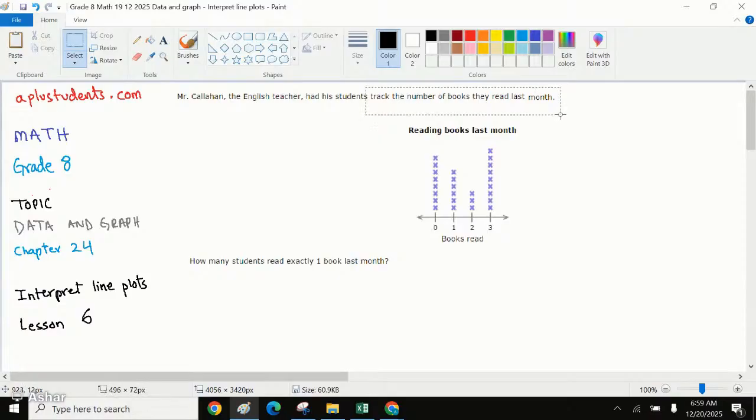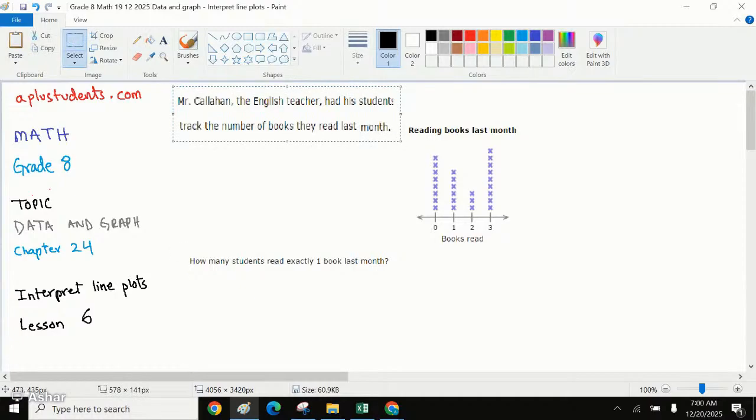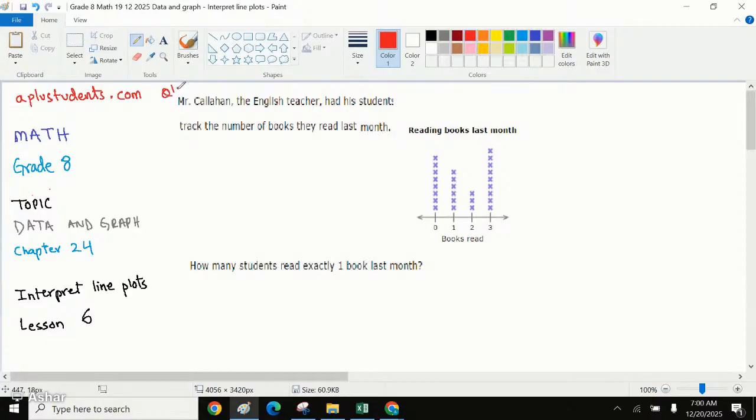So this is the question given to us. And this is the diagram that's given to us. I hope it's readable, or I'll just increase the size. Okay. So this is the first question.